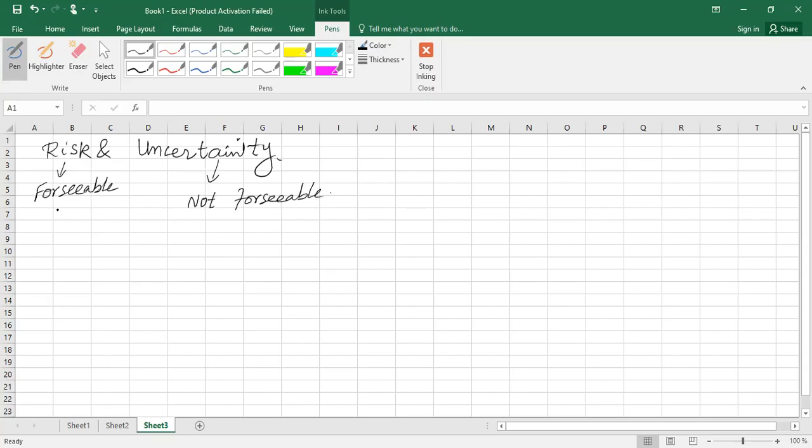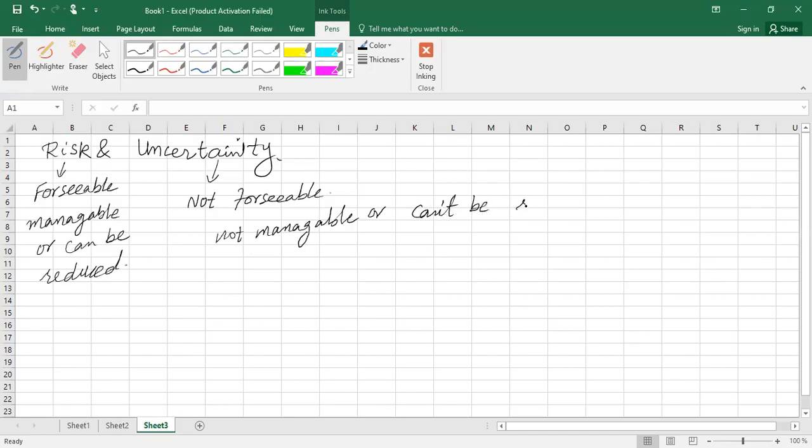Risk is something which is manageable or can be reduced. Uncertainty is something which is not manageable because it is unforeseeable or can't be reduced.